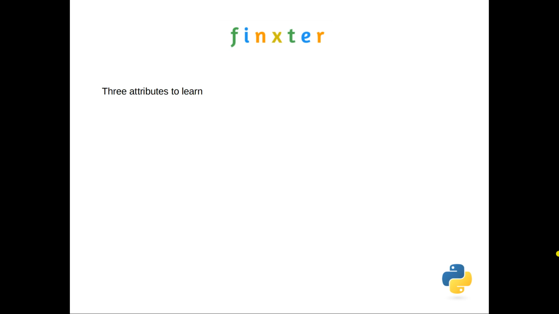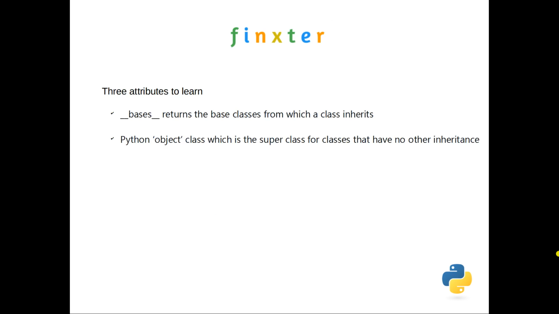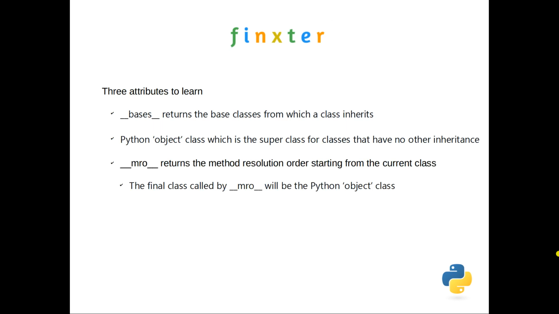So the three attributes we'll look at today. One is the __bases__ attribute, and that returns to you the base classes from which a class inherits. So it'll return the parent classes for that class. Then the Python object class, and this is the superclass, if you like. That's the class that is built into Python that if a class has no other inheritance, it will actually inherit from the Python object class, and we will show that shortly.